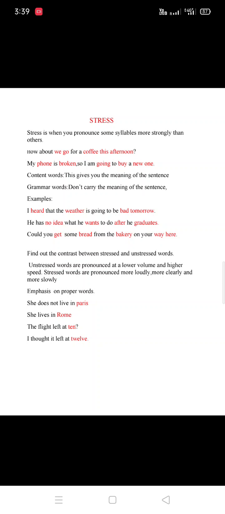So it's very easy to identify content words, and content words are very flexible. You just have to find out which are the most important words.